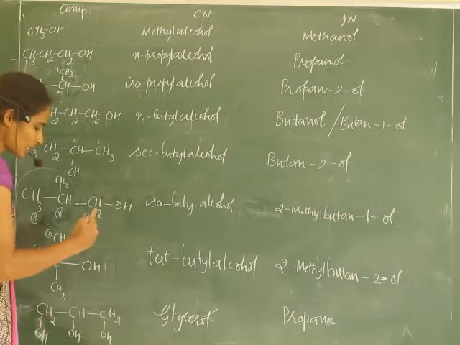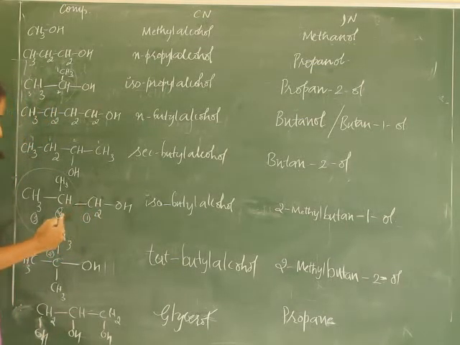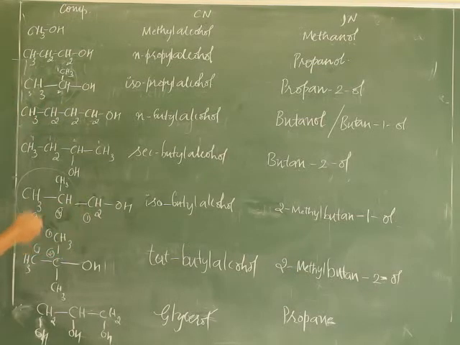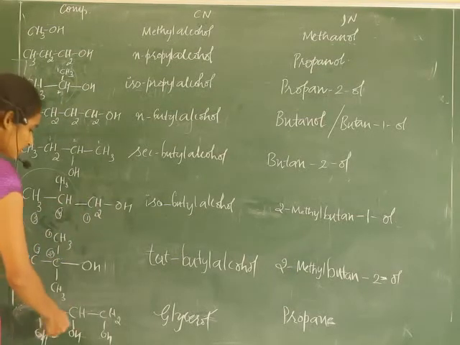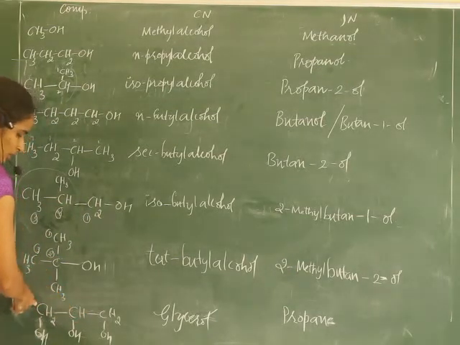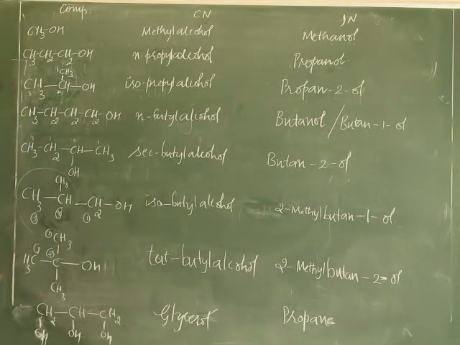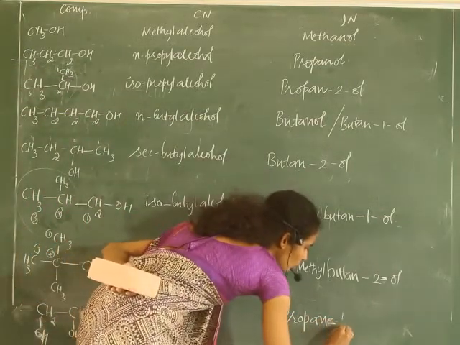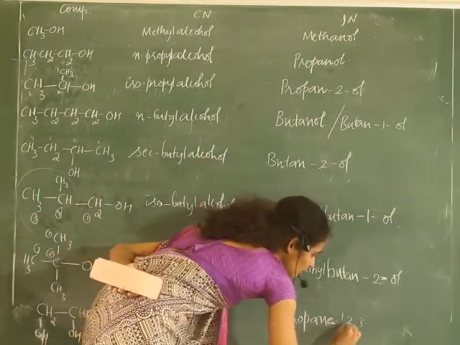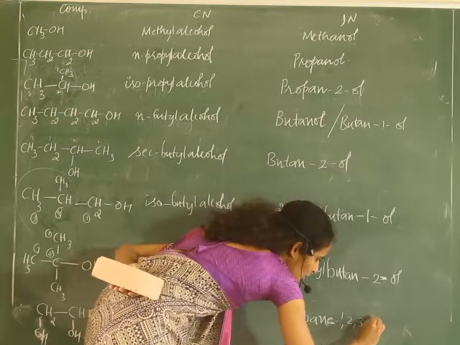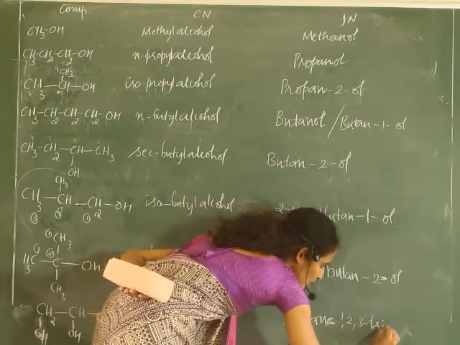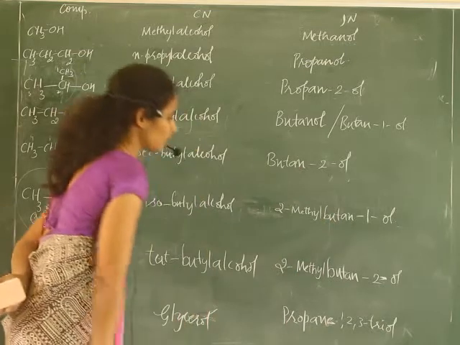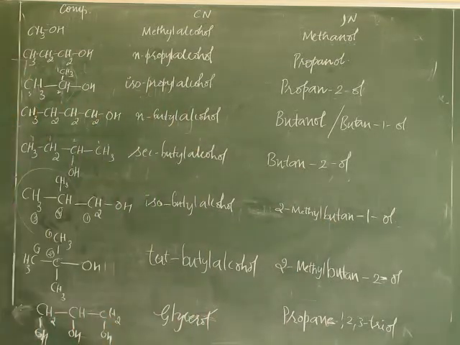Hence, the multiplicative prefix is tri, and it is ol. At what positions are these OH groups there? 1, 2, 3. Therefore, the name of this compound is propane-1, 2, 3, right? 1, 2, 3. How many OH groups are there? 3. Triol. Propane-1,2,3-triol.